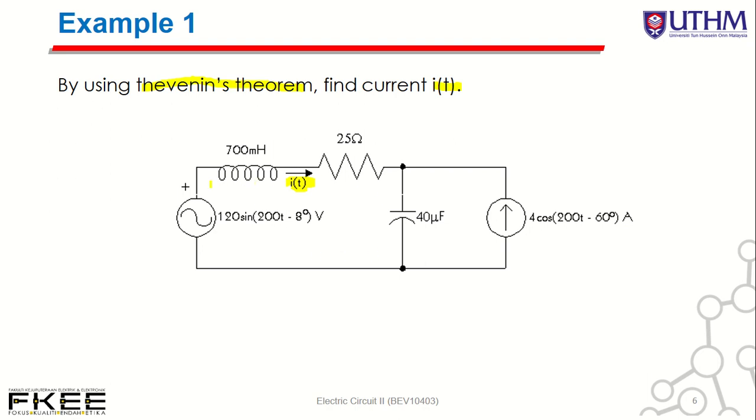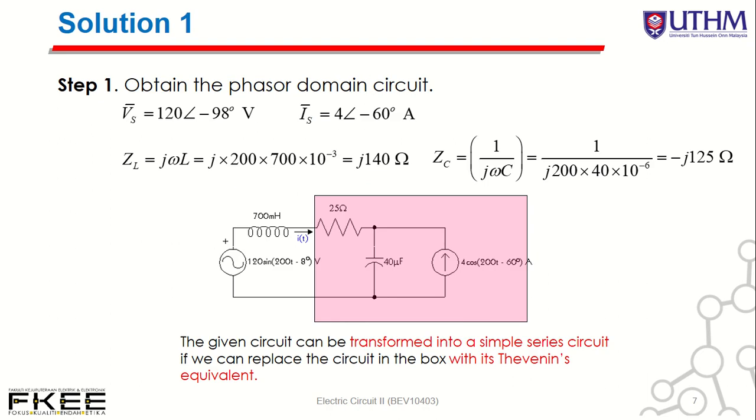First of all, what you need to do is determine the phasor domain of the circuit. Then you need to convert all Vs, Is to the phasor form or polar form.